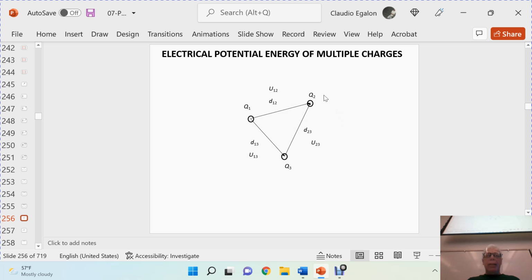Think about that not just in terms of electric charges, but in terms of the molecules in your gallon of gasoline. Those molecules have electric charges in them, and they are all interacting with one another through the electric field.